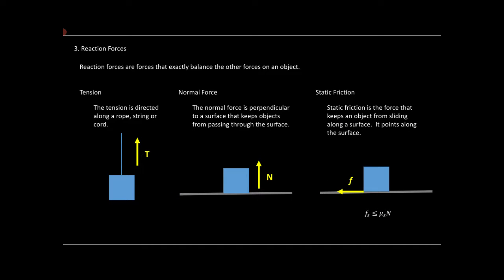The normal force is always perpendicular to a surface, and the frictional force is always parallel to a surface. Once you've got that down, you've got everything you really need to know about these things. You just have to be able to apply them with Newton's first law. So as long as you can do the vector addition, then you know everything you need to know about these guys. They balance out other forces.